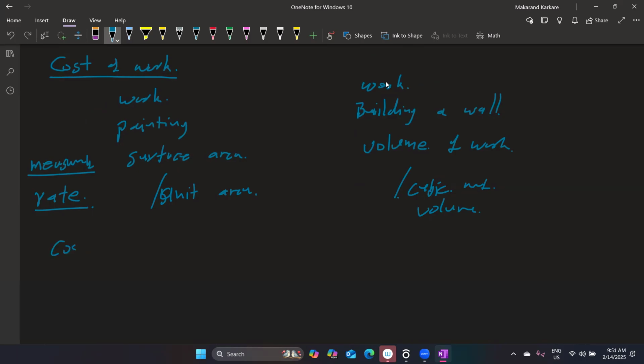And cost of work is always going to be rate multiplied by quantity. Does that make sense?